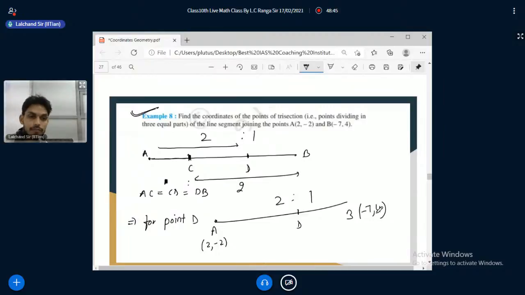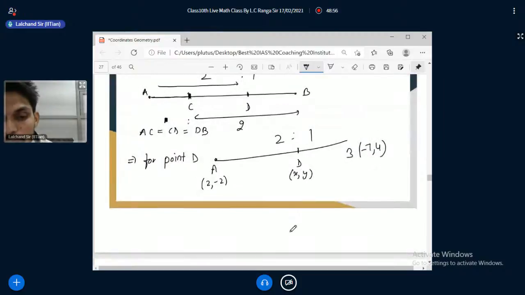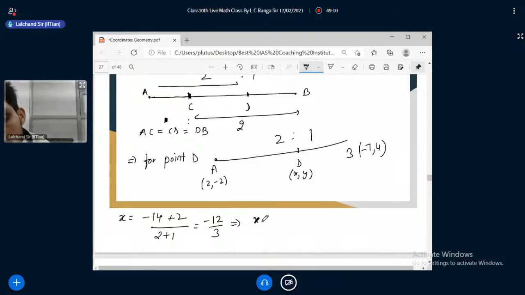Calculate point D coordinate. So x coordinate will be 2 into minus 7, that is minus 14, plus 1 into 2, plus 2, divided by 2 plus 1, that is minus 12 by 3. So x value equal to minus 4.